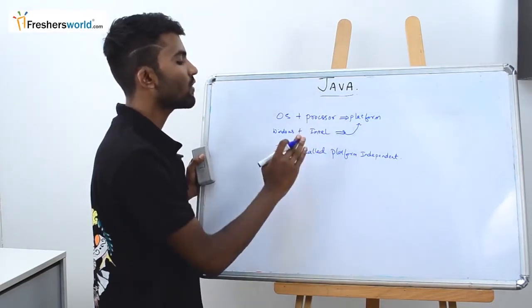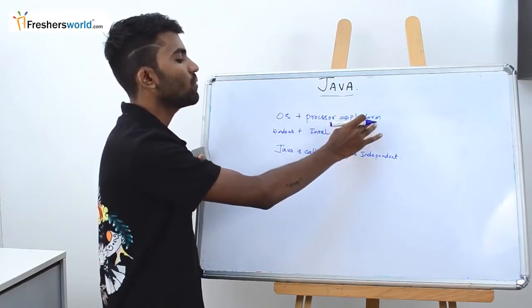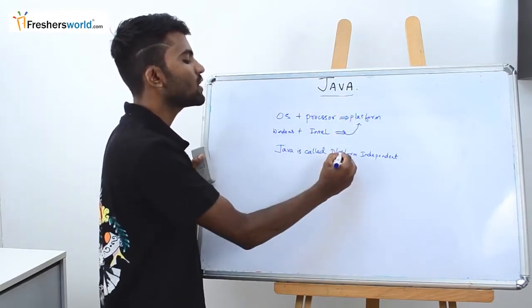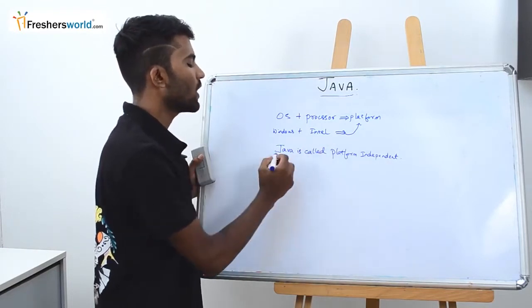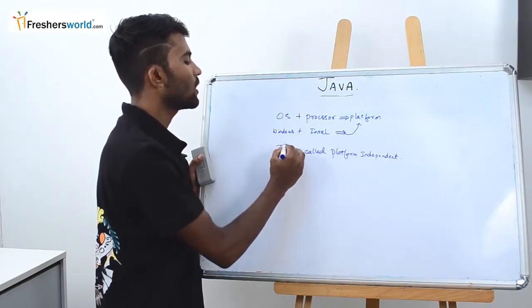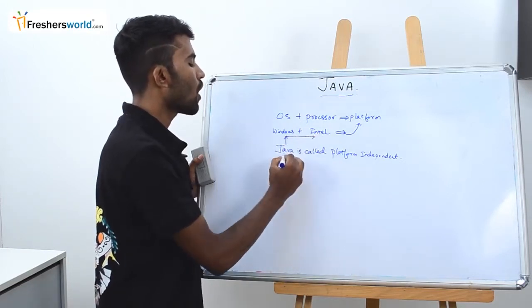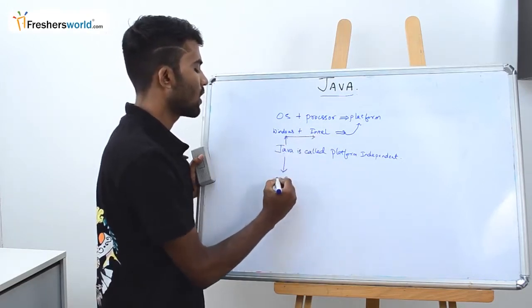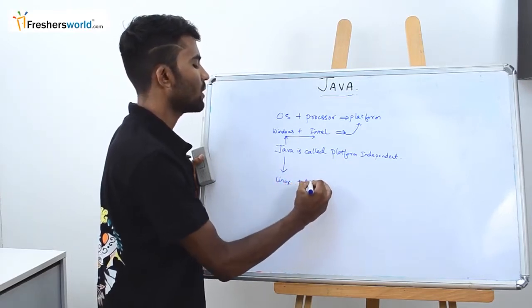We understood what a platform is: the operating system and the processor combine to make a platform. Now this programming language is platform independent. What I mean to say is, this program can be run on Windows with an Intel processor, or it can work on Linux with an AMD processor.